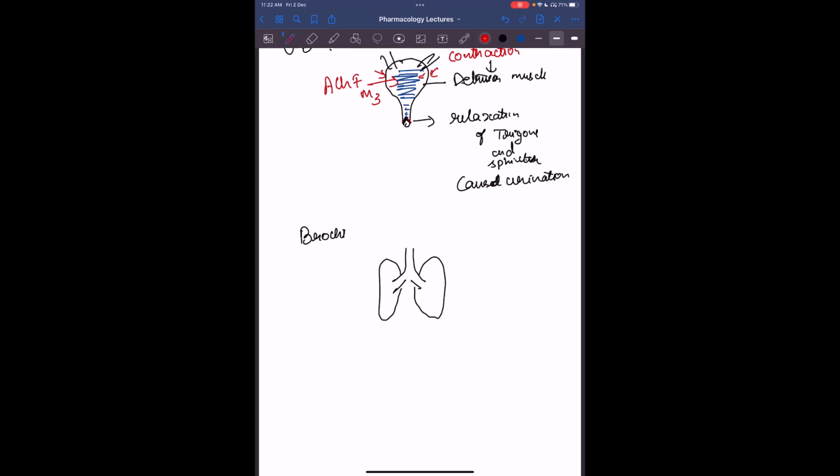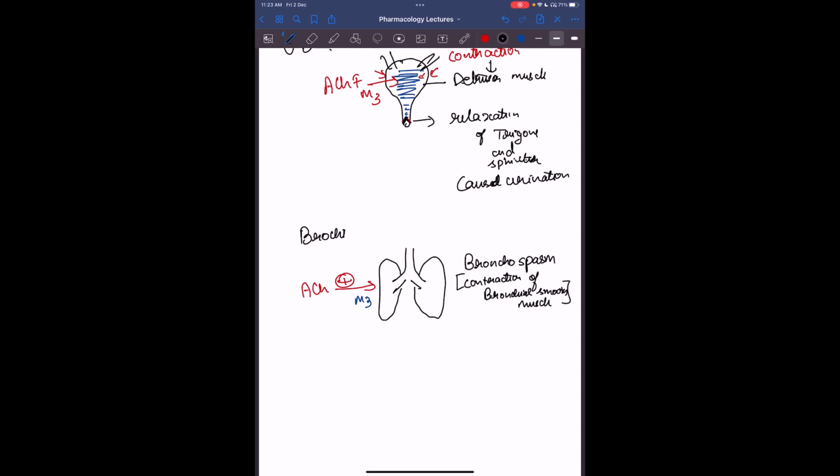Whenever acetylcholine acts on the bronchi, what happens? It causes bronchospasm, that is, contraction of bronchial smooth muscle. Bronchospasm means contraction of bronchial smooth muscles.